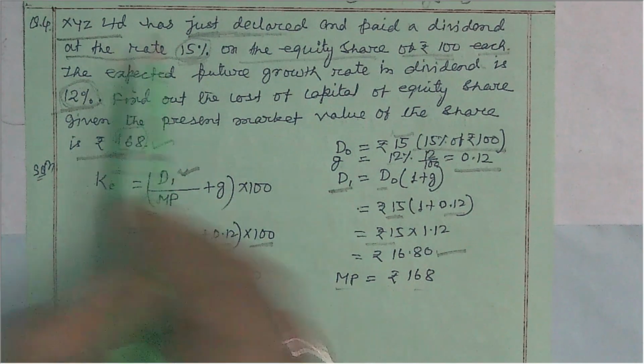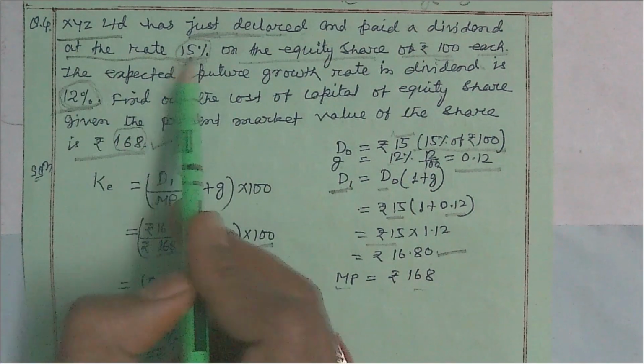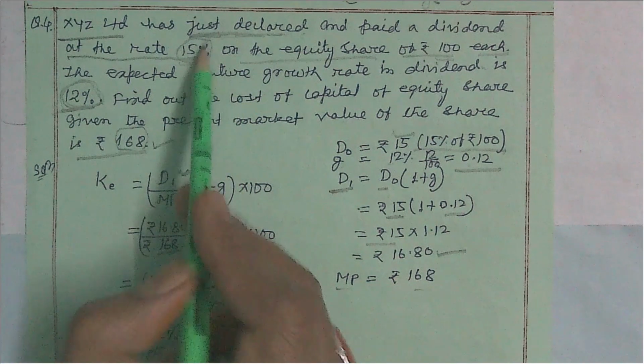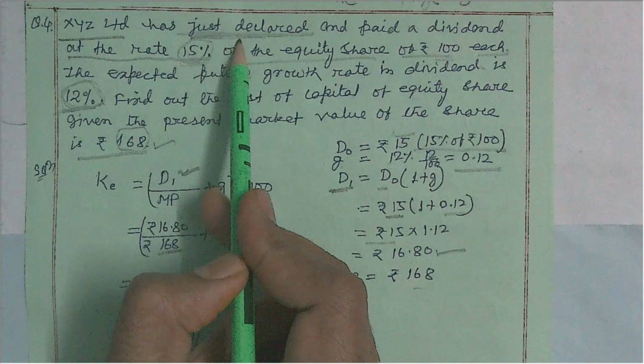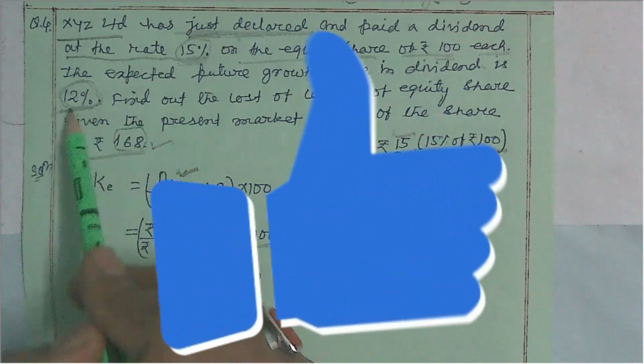So this time the company has just declared and paid a dividend at the rate of 15%. Here, just declared means we assume that this is the dividend declared in the last year, and this year the dividend will be increased by 12%.